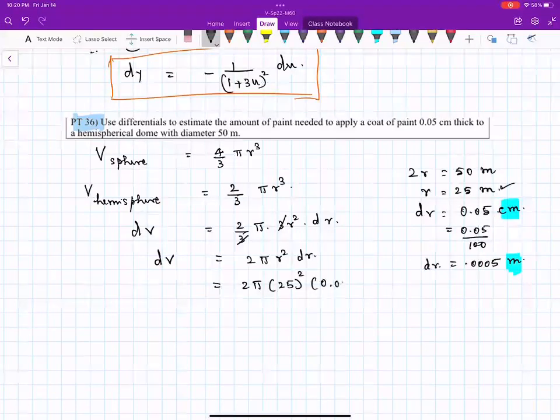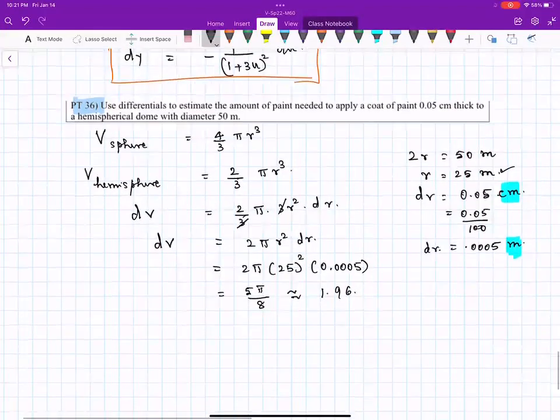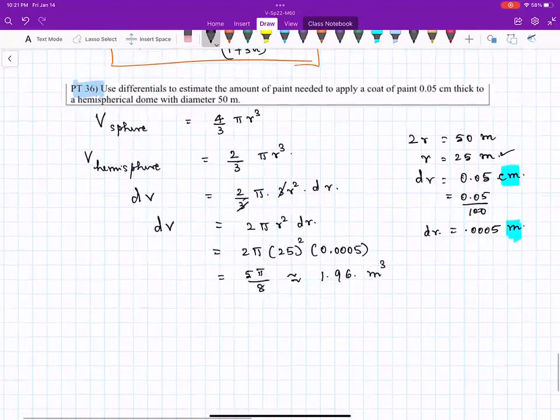So it is times 0.0005. If you compute that on your calculator, it is about 5 pi over 8. It comes out to be 1.96. So we can say approximately it is 2 cubic meters. So dV is approximately 2 cubic meters.